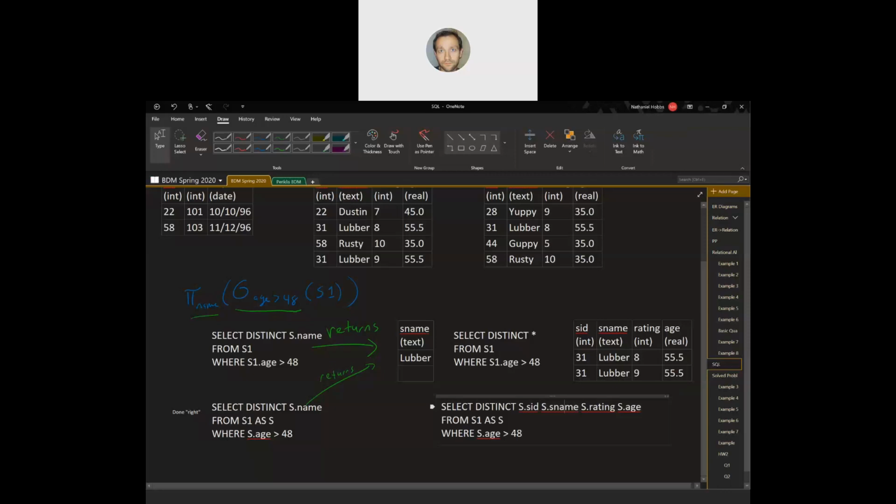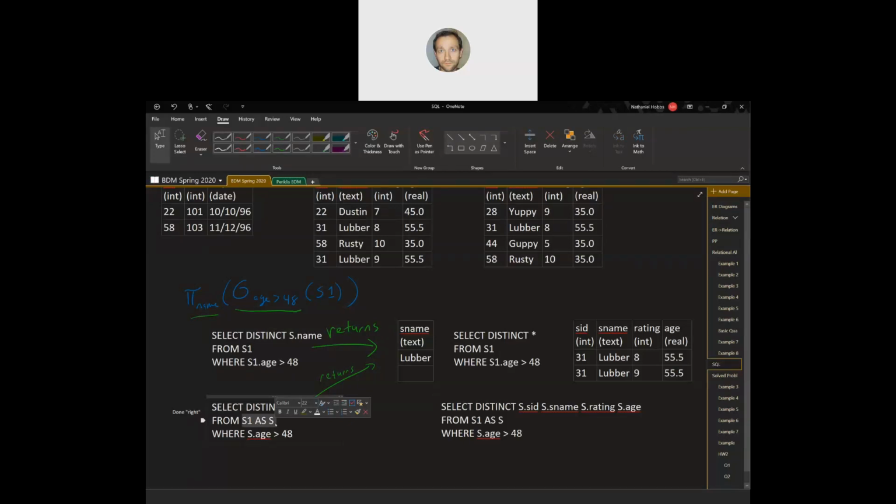So, again, just to reiterate, you should use distinct, always, unless you have a specific reason not to. You should rename tables. Doesn't affect the output, but it makes your life easier. And it will also help you avoid conceptual mistakes.